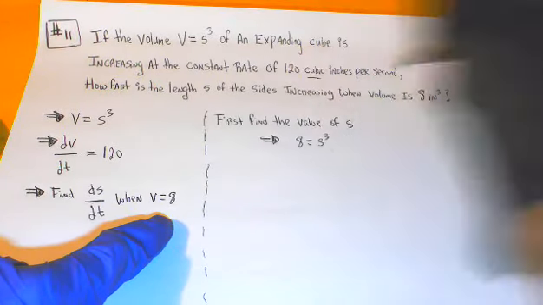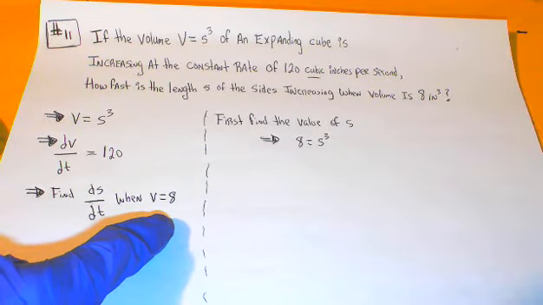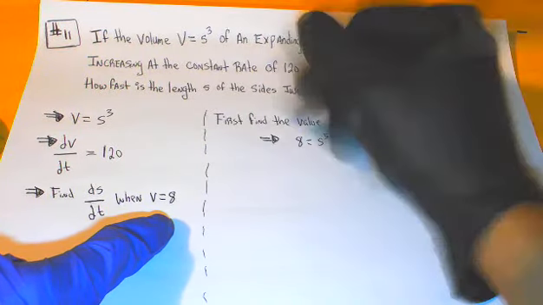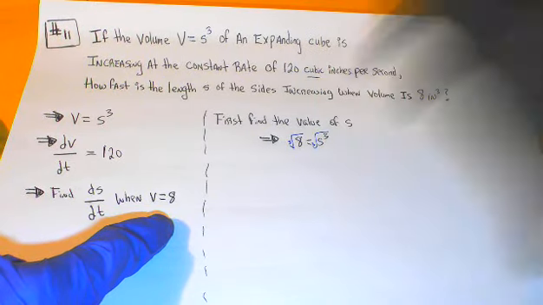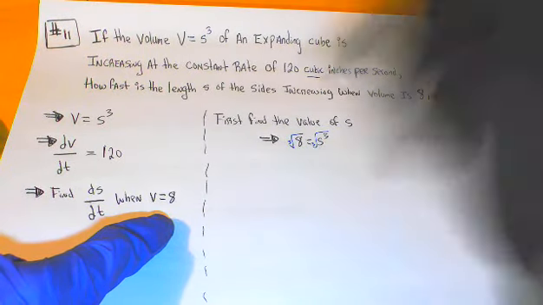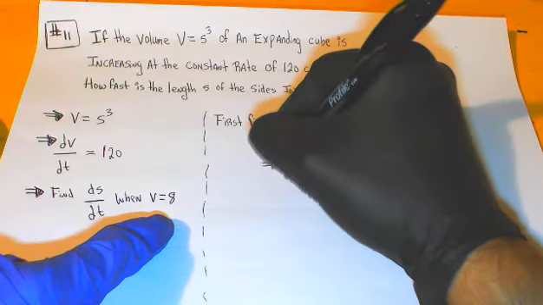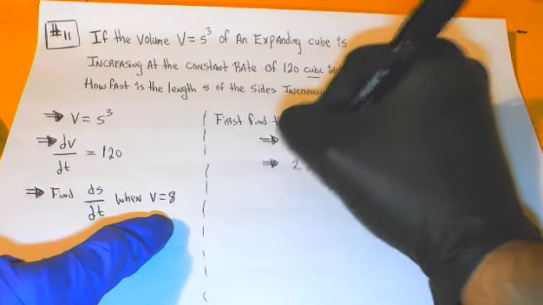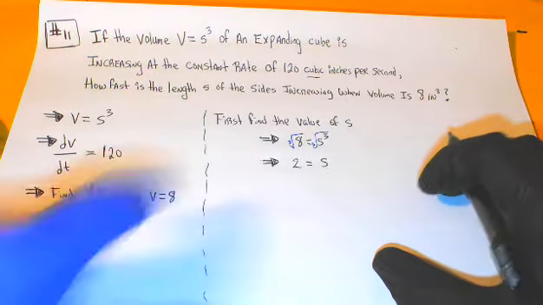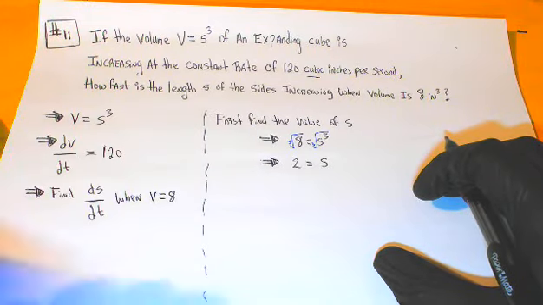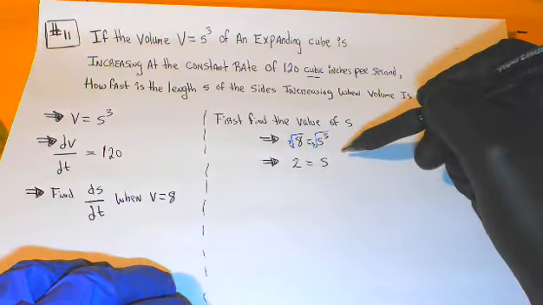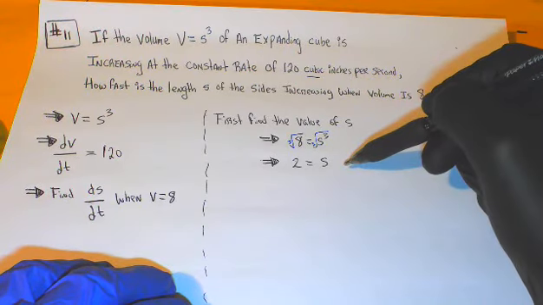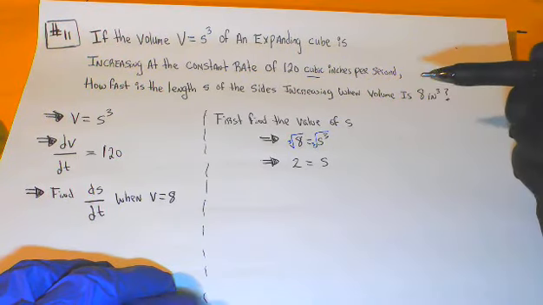If I take the cube root of both sides, we get that S is equal to 2. So for our expanding cube, we're trying to figure out the rate of change when S, your side, has a measurement of 2 inches.